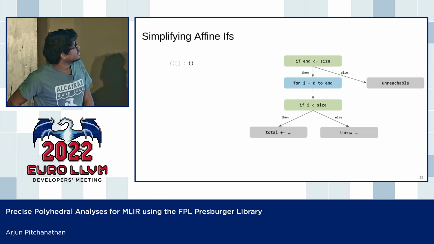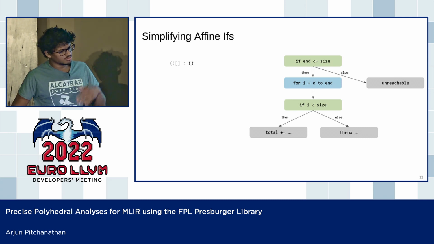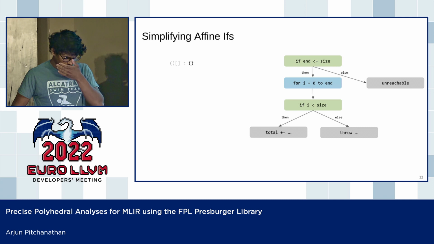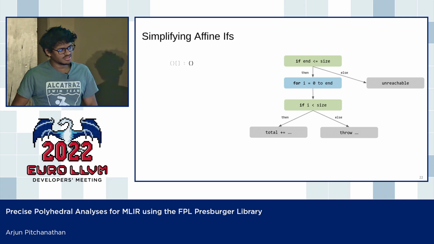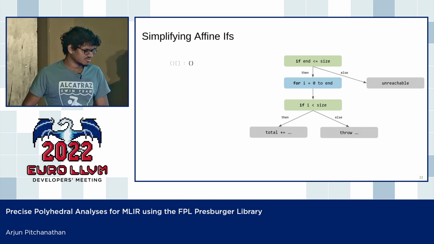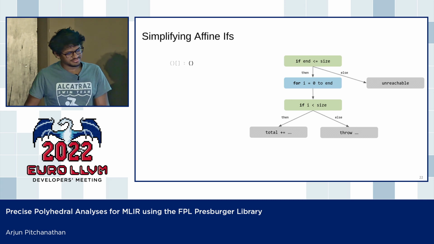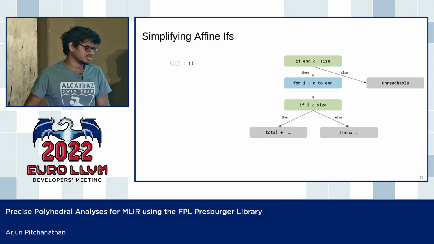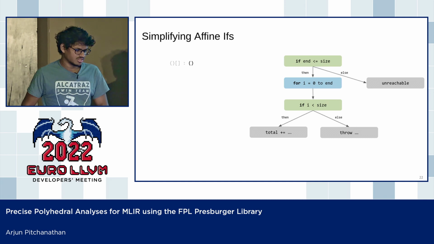If n is less equal to size, we proceed into the loop. Otherwise, we go to the unreachable. The loop, as before, goes from I equal to 0 to n. Inside the loop, we have a condition that if I is less than size, then we do the addition, total plus equal to whatever. Otherwise, we throw the exception.